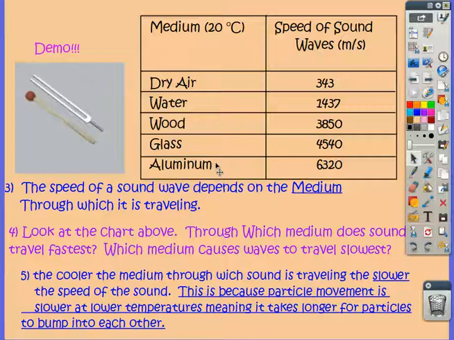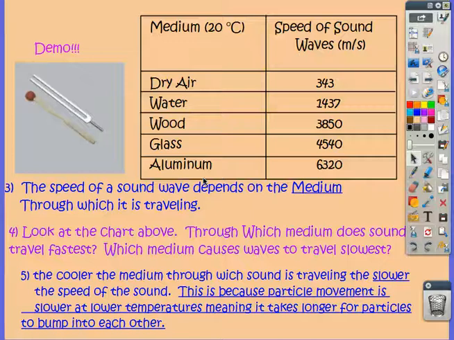And the reasoning for this, if you remember back to when we talked about temperature early on in the year, is that temperature is an indicator of the average amount of movement of the particles that make up the object. So we want the particles to be really packed closely together, but we also want them to be moving as much as possible. So if we talk again about aluminum as an example, sound will travel fastest through aluminum as a solid, particularly as a solid that is hot.